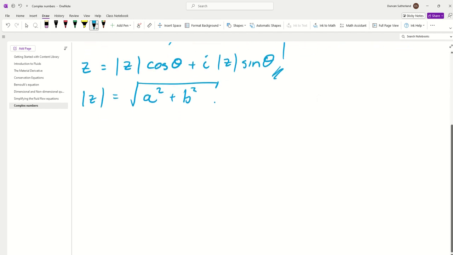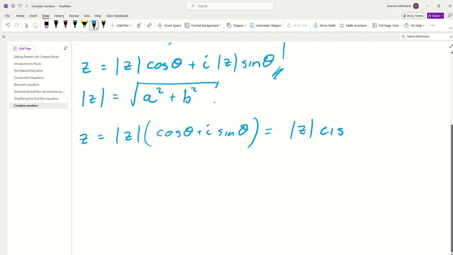That trig form gets written like that, or sometimes this disgusting notation. So, right, where that CIS stands for cosine I and sine.